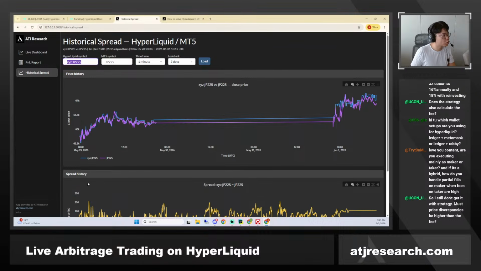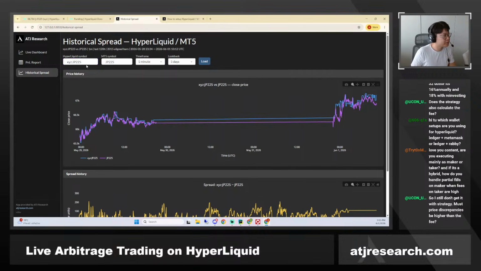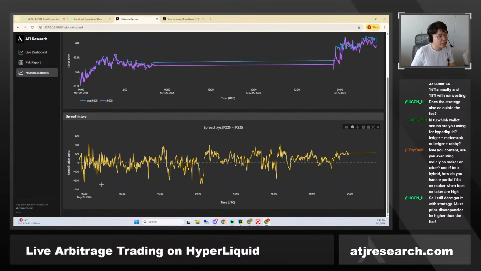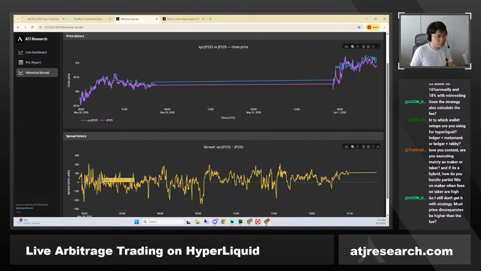And this asset is 200 cheaper than on MT5. And then when this difference goes back to zero, it means these two assets have the same price now, and the net profit of both positions should be positive. And if you add the commission, all the fees and the funding rates, in total this move should at least cover the position to make it profitable.